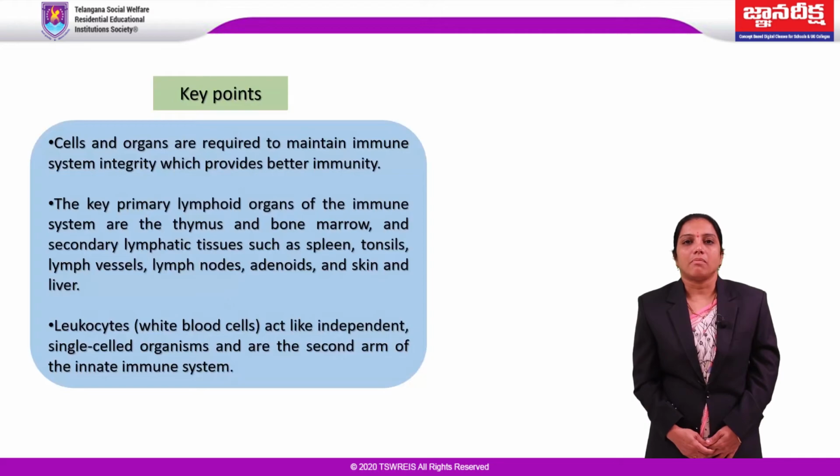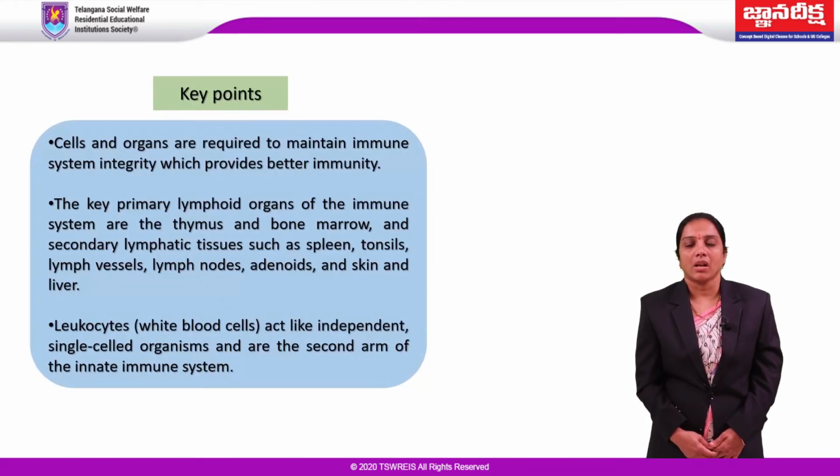Tissues like MALT, mucus associated lymphoid tissue, GALT, that is gut associated lymphoid tissues, and organs, that is primary lymphoid organs, secondary lymphoid organs. So altogether, these cells, tissues and organs are required to maintain the immune system integrity. They are all required to provide the better immunity.